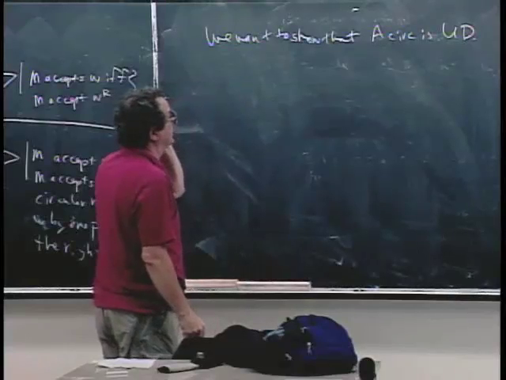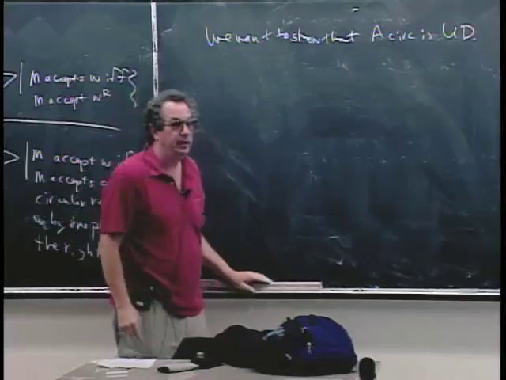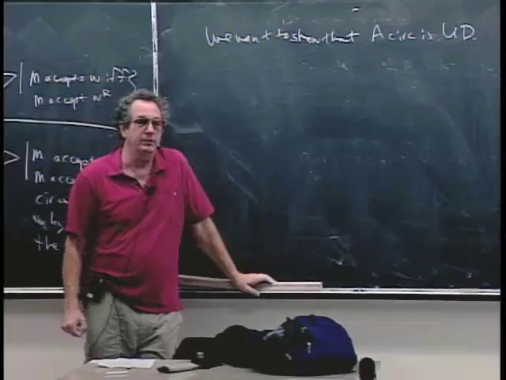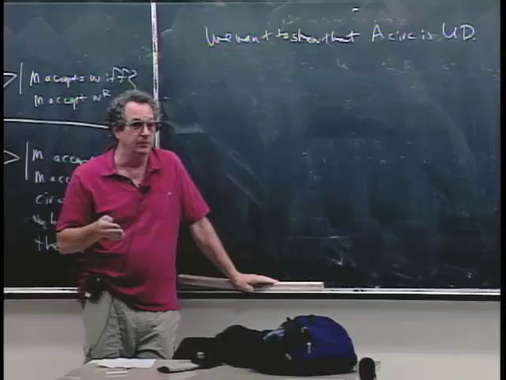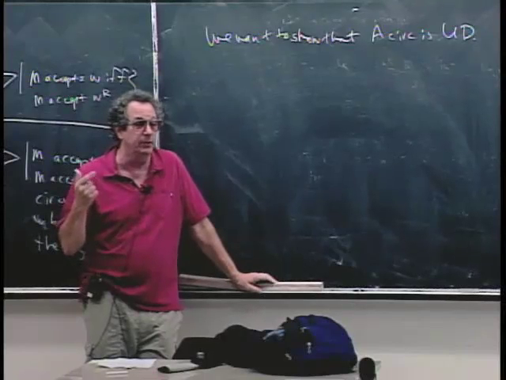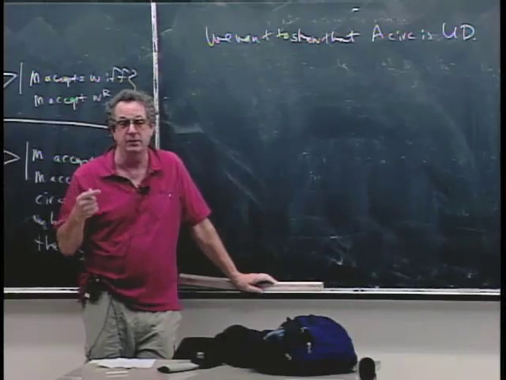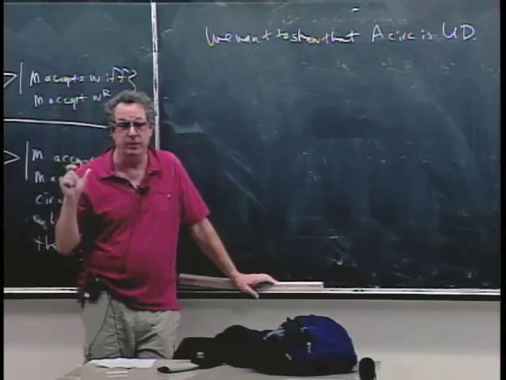So this is going to be a reduction, and so we have a repertoire of languages that we already know are undecidable. We know that ATM is undecidable, and we know that A halt is undecidable. Now we have a repertoire of two languages.